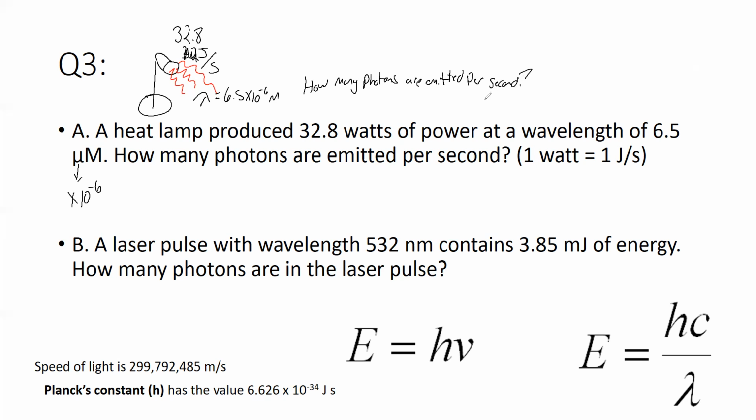And a hidden question that's not explicitly listed, but you have to figure out to solve this, is what's the energy of a photon? Because I know how much energy per second this is producing, but I don't actually know what the energy of the photon of this light is. So that's where we need to start. And so we have wavelength.